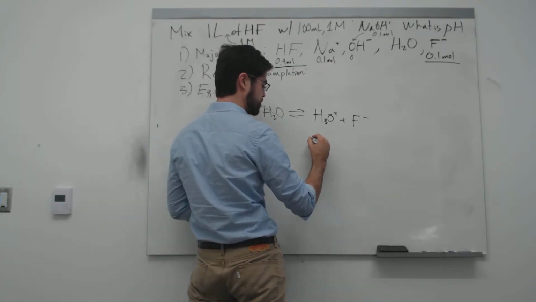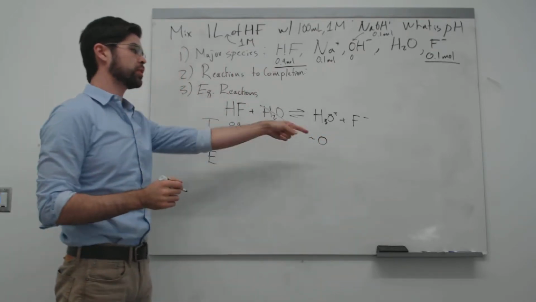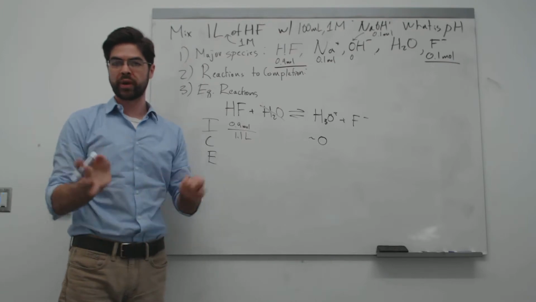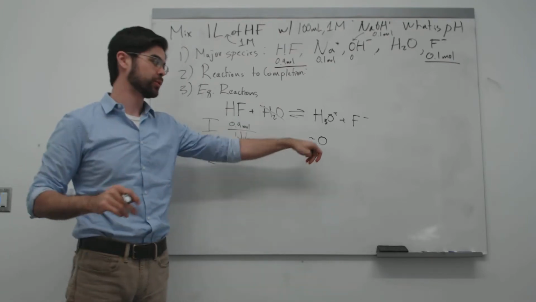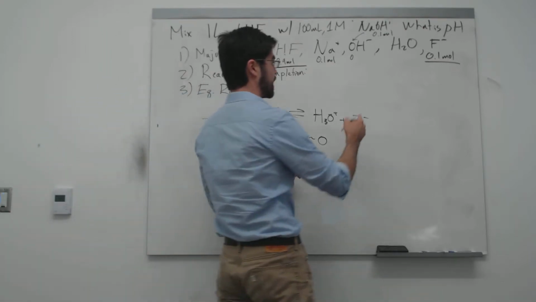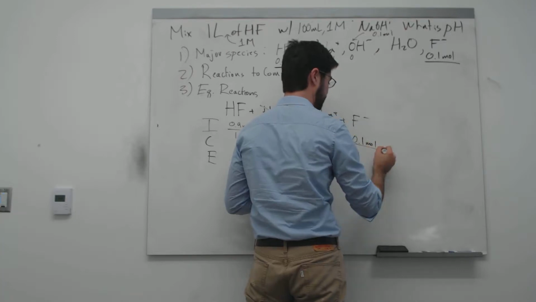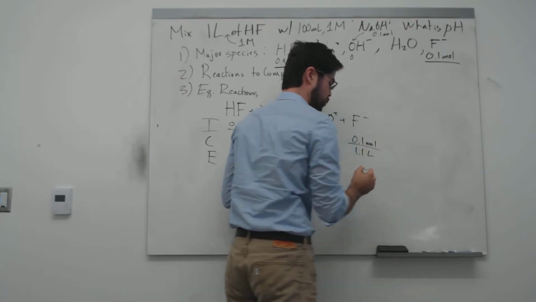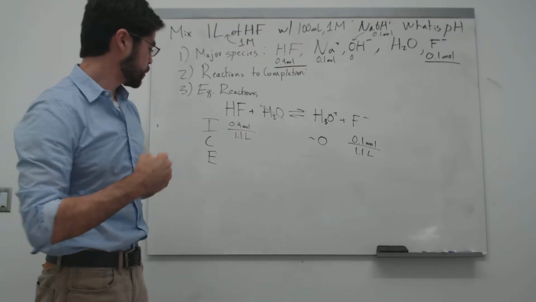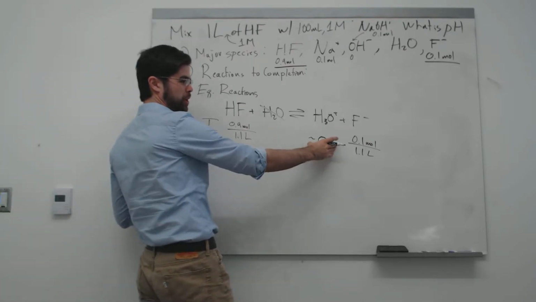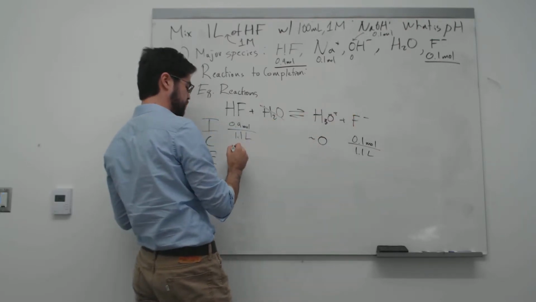The hydronium concentration we're going to assume is quite small. Before this dissociates, all we had in solution was water, regular plain old water, which is not going to produce much hydronium. And I'm also starting with 0.1 moles of fluoride in 1.1 liters. So we expect, okay, we are missing one of my products, so my reaction should shift right towards the products.